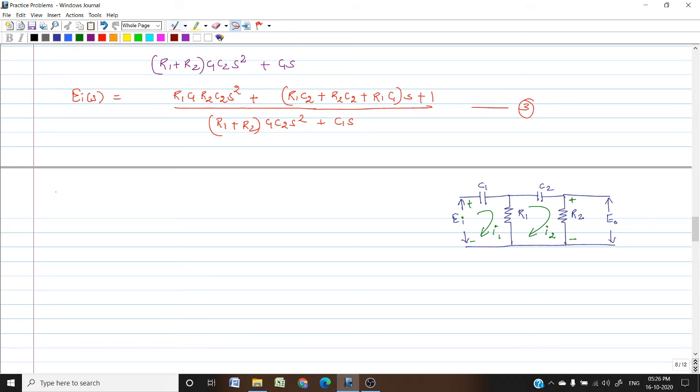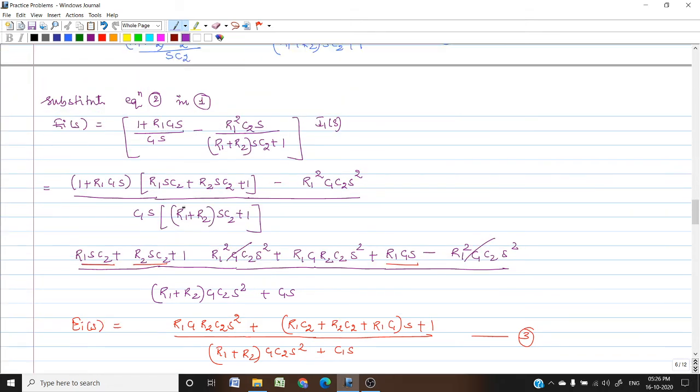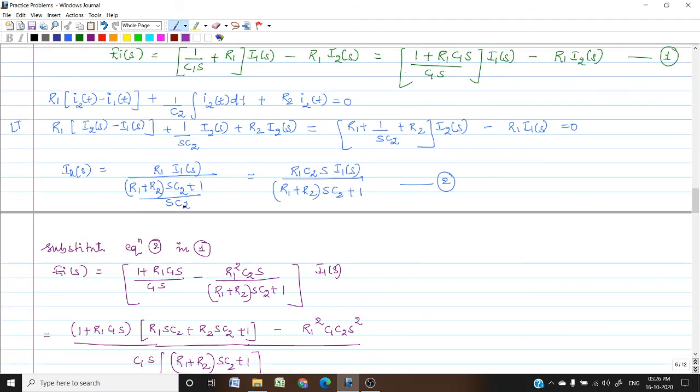E naught of t is equal to I2 of t into R2. So I can write, while taking Laplace, R2 into I2 of s. With that, R2 I2 of s we have calculated here. The same expression will be used.